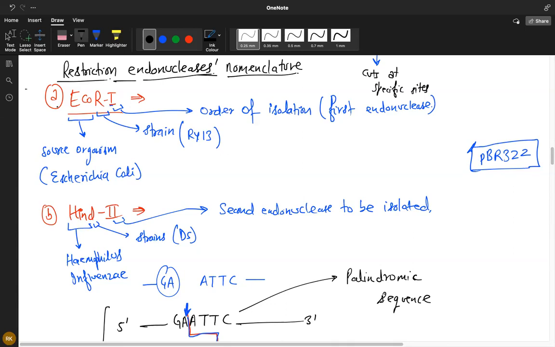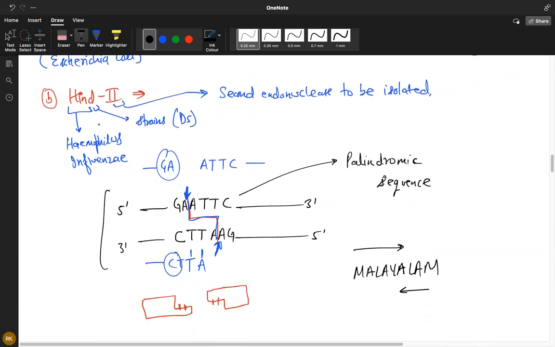Correct. So the first 3 letters that you said, the first one is the genus, like in EcoR1, E is genus Escherichia and CO is for coli, right? Yes, sir. Cool, good.